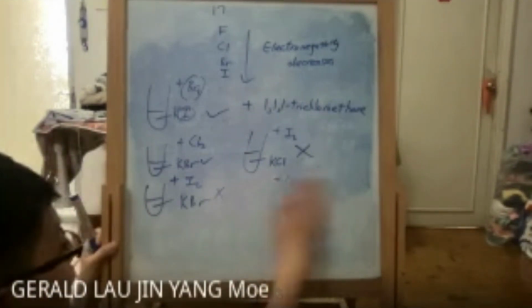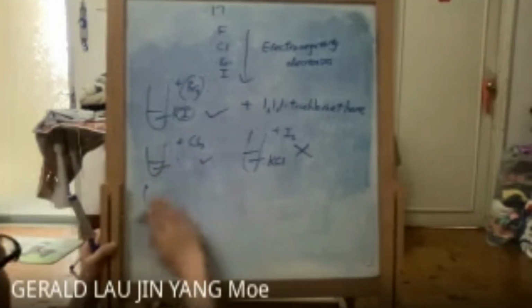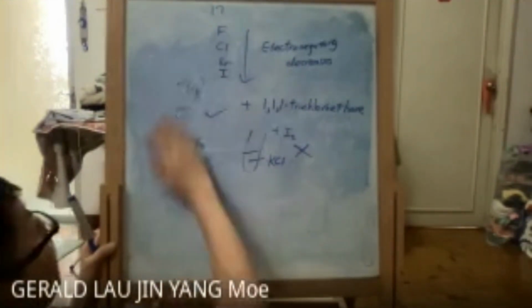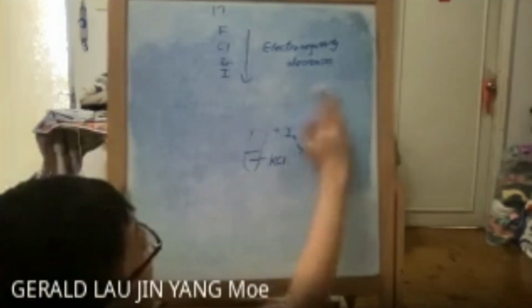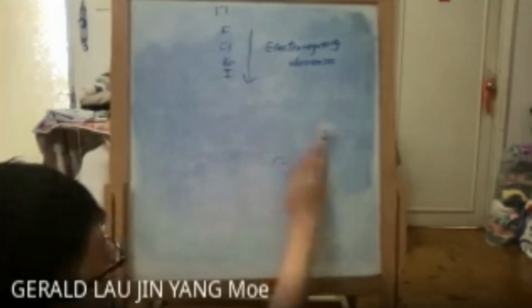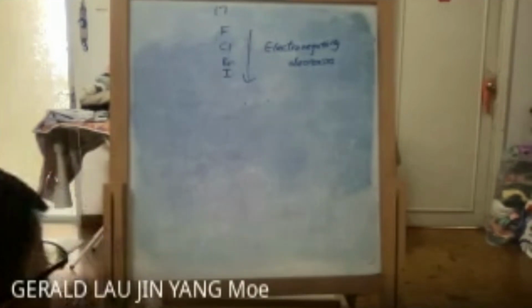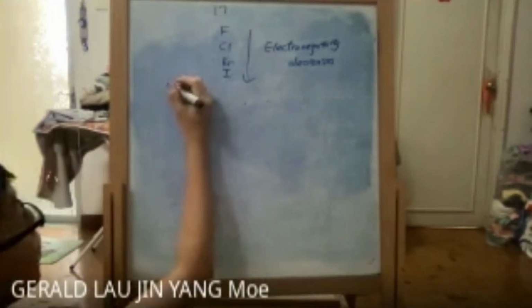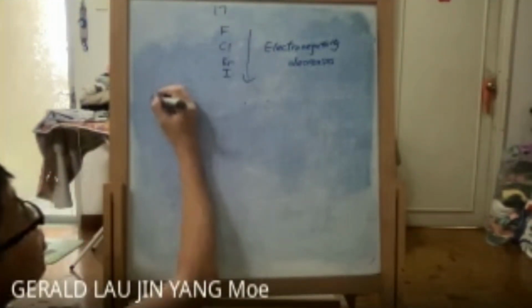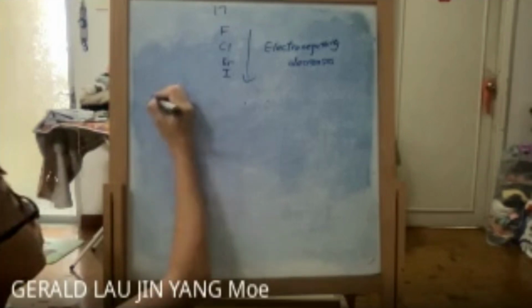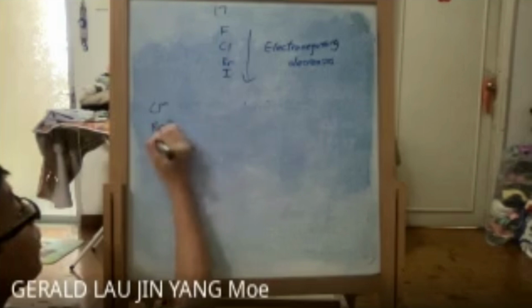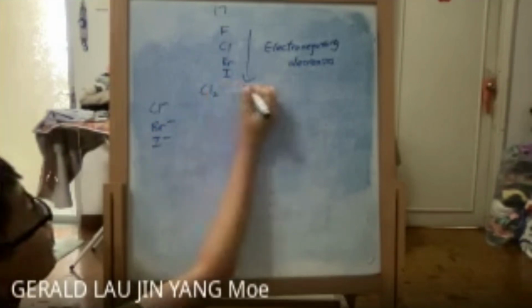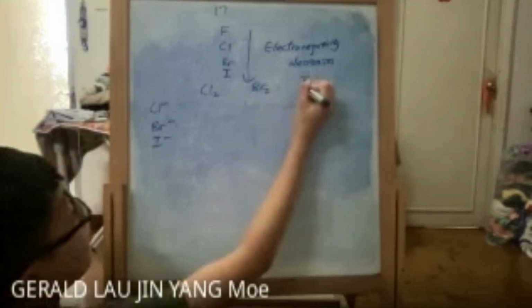Now we can simplify in a table. So you have your chloride ion, bromide ion, iodide ion, chlorine, bromine, iodine.